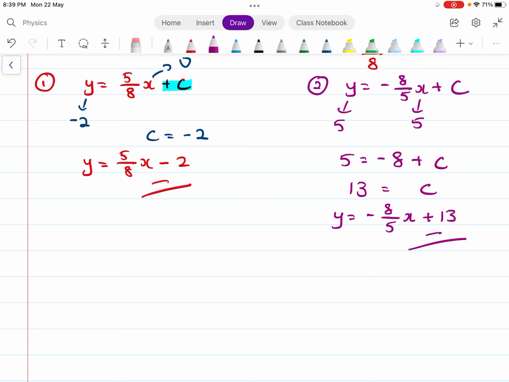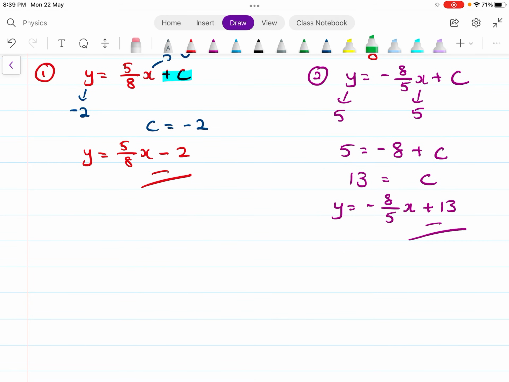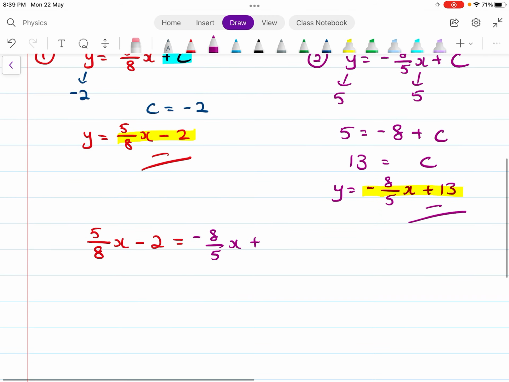Okay, the last part is to find the intersection of these two lines, which is D. You just need to put the two equations together. That's what you learn in Sec 1 or Sec 2, right? So you put these two equations together: 5 over 8x minus 2 is equal to negative 8 over 5x plus 13.